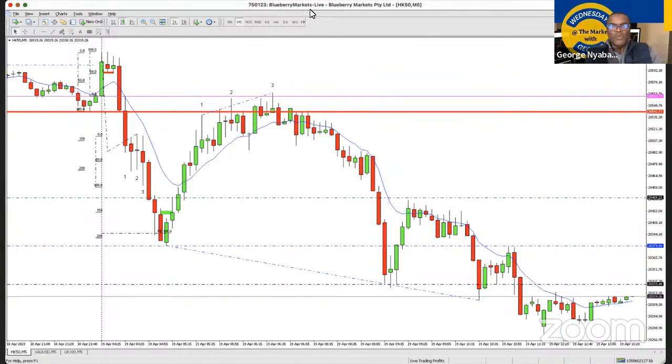Interesting market that we have. Today on Hang Seng. Well, all the markets are pretty interesting. I want to have a look at Hang Seng 50 and just talk about the present structure.